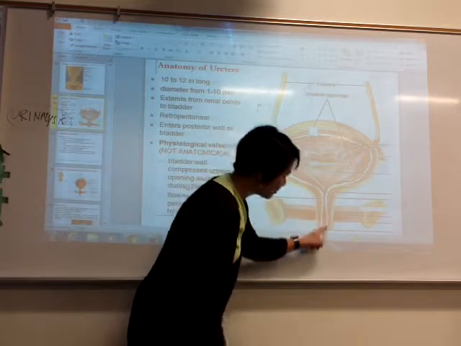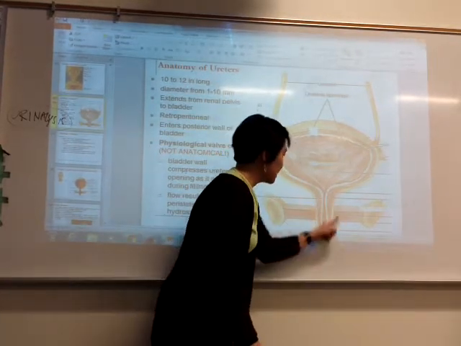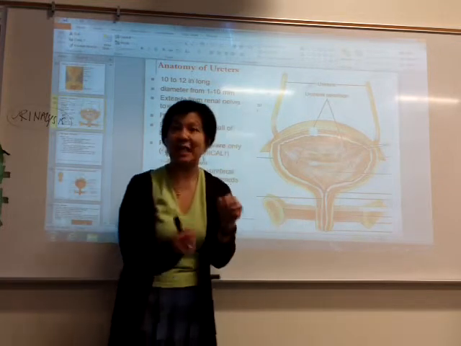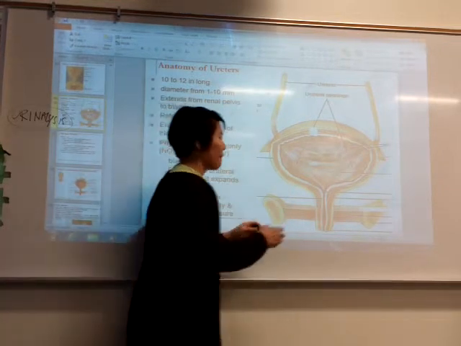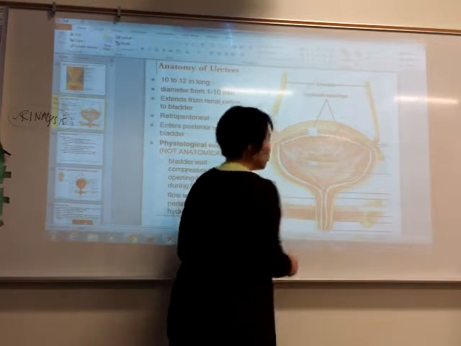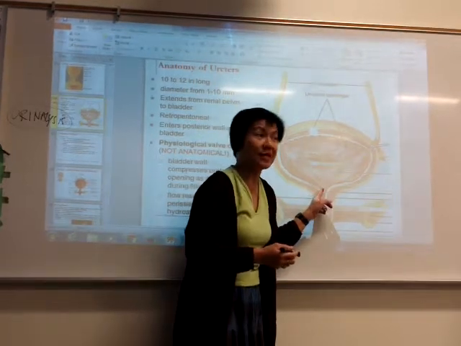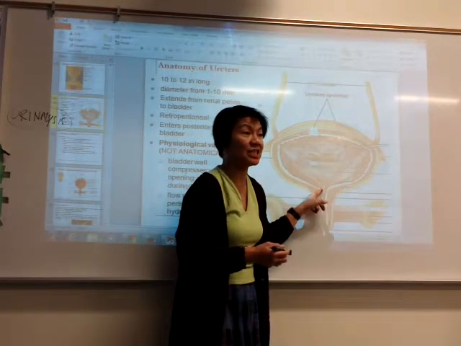Now we go to the urethra. This is the last part that helps us to get rid of urine. The urethra is guarded by two sphincters. An internal urethral sphincter, which is nothing but the base of the bladder.